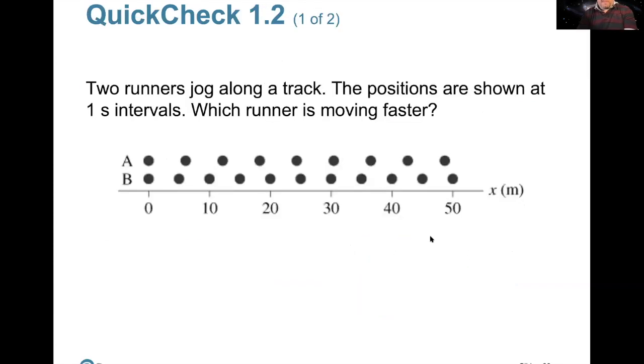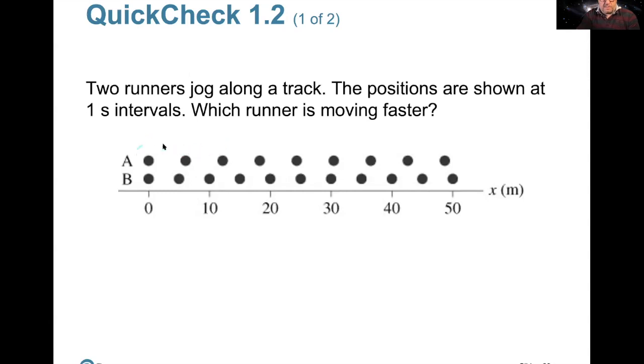All right, so two runners jog along a track. The positions are shown at 1 second intervals. Which runner is moving faster? Well, if we look at our chart over here, it looks like if we start right here, runner A is definitely going faster, because if my axis over here is distance, he covers more distance in that 1 second interval than runner B. So runner A is clearly going faster in the picture.